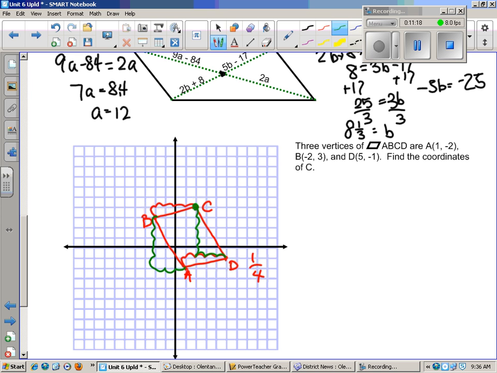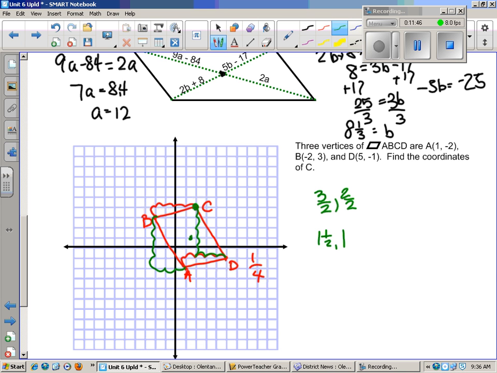So BD, to find the midpoint, I add up the x's. So negative 2 plus 5 is 3 divided by 2. And 3 plus negative 1 is 2 divided by 2. So the midpoint of BD is 1 1/2, 1. So 1 1/2, 1 would be right there.